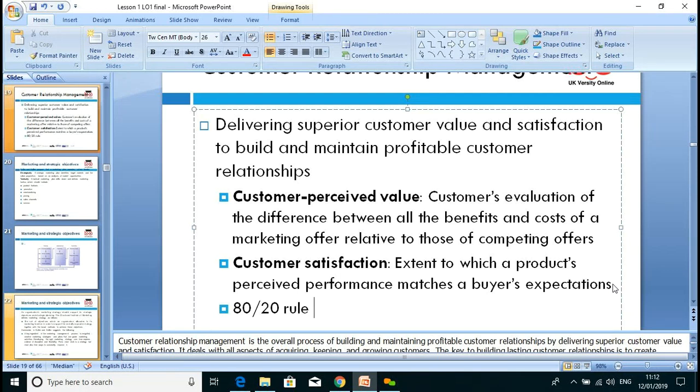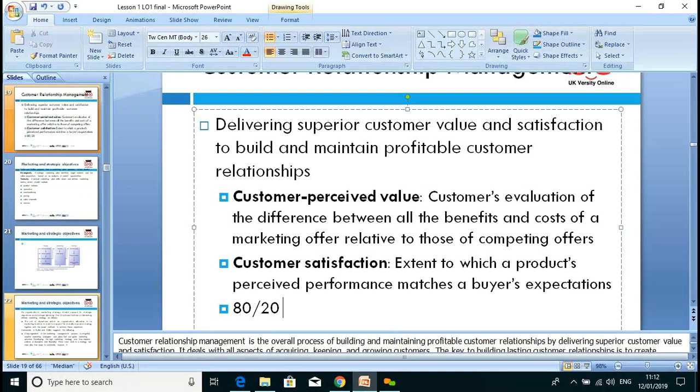What is the 80-20 rule? The most 20% of your customers will earn you 80% of your revenue. Well done, great. So 80% of sales come from 20% of customers, and 20% of sales come from 80% of customers.